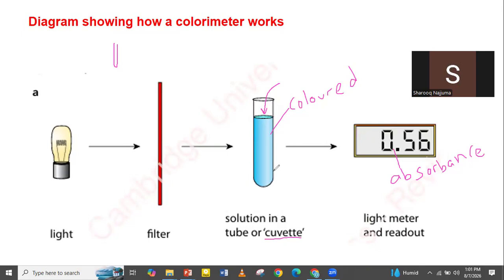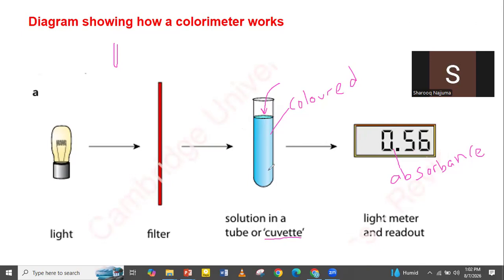If the substance causing the color is low, then it means less light will be absorbed, and at the same time, the absorbance is going to be low. So this value here is a numerical value. You can see now we have figures. Instead of us just having blue, red, brick red, orange, purple, we are having figures which can even be plotted on a graph.